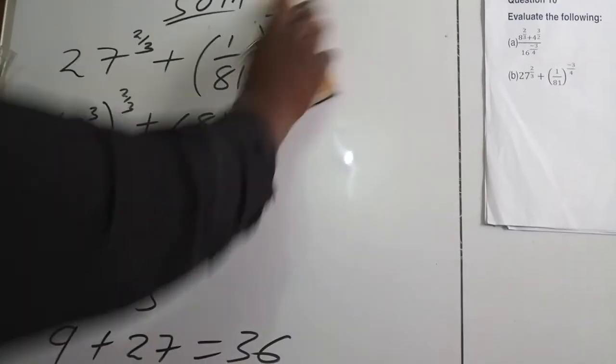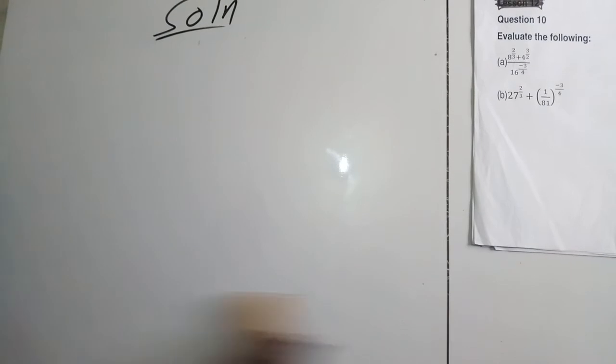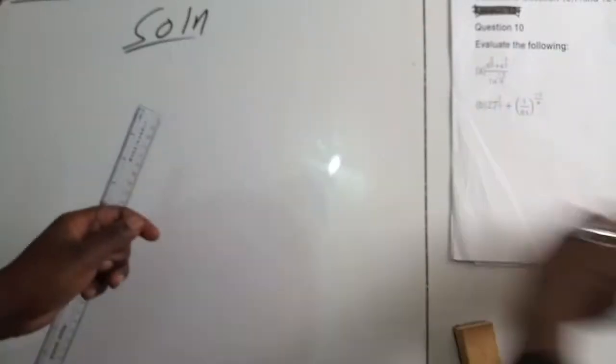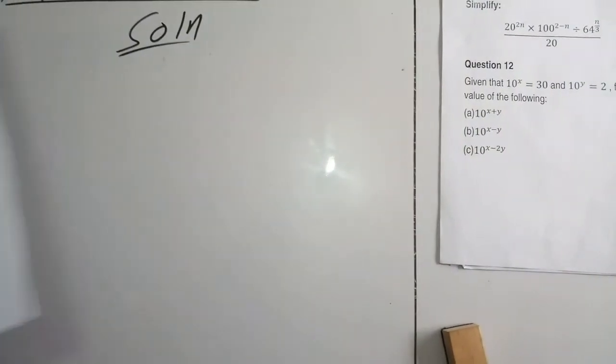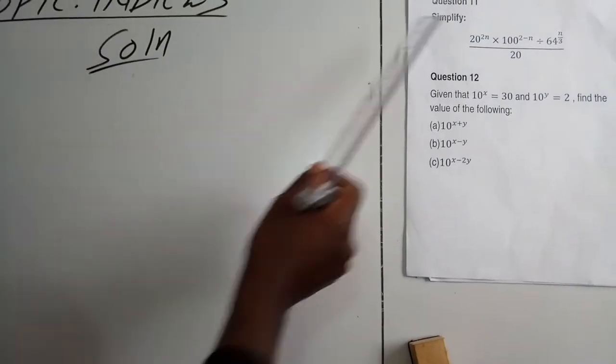Now just go through them and you can go to your Math Made Familiar for more questions of that nature. We go to what? Question number 11. What is the question?